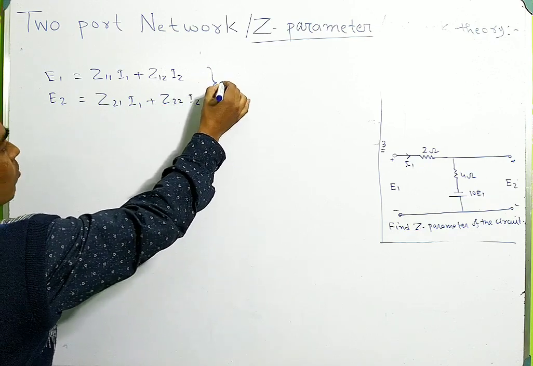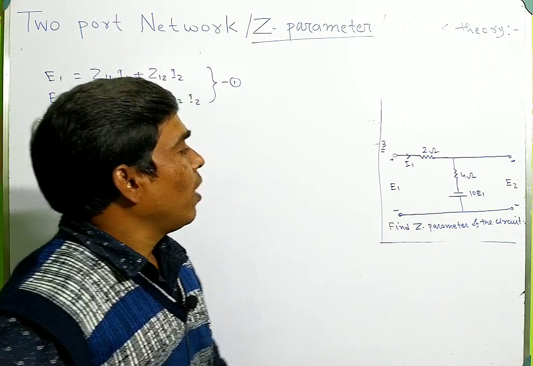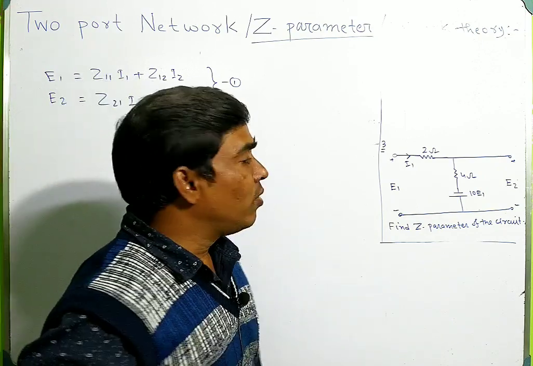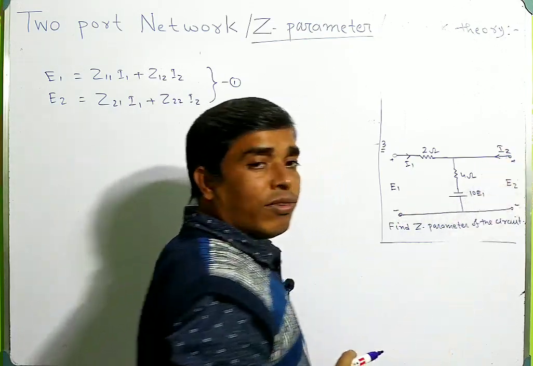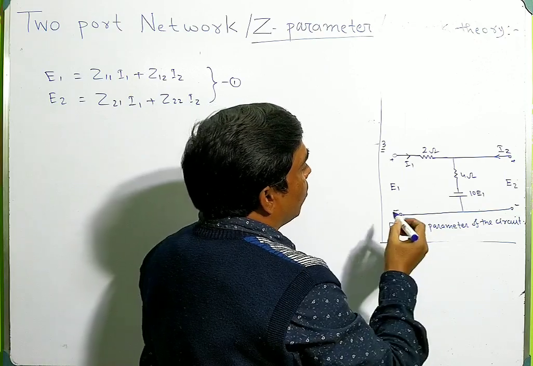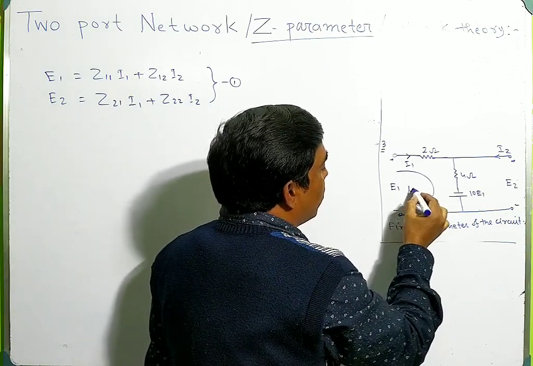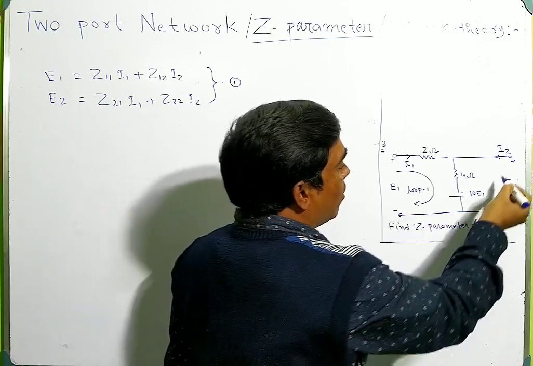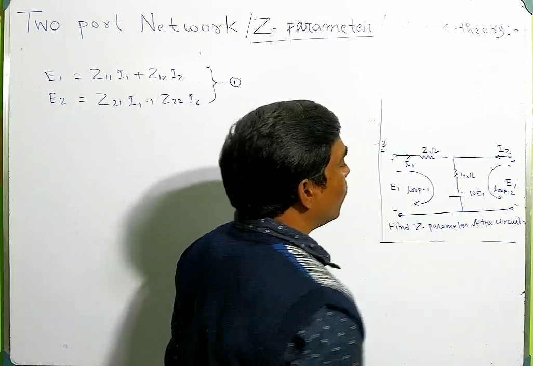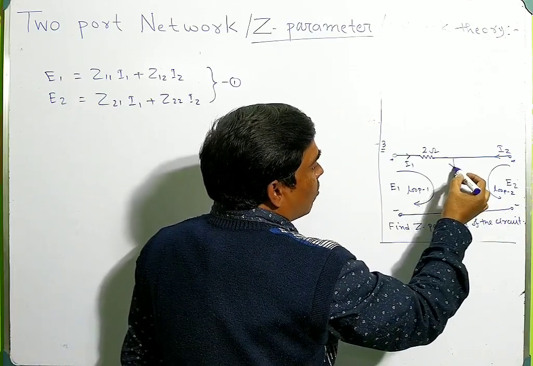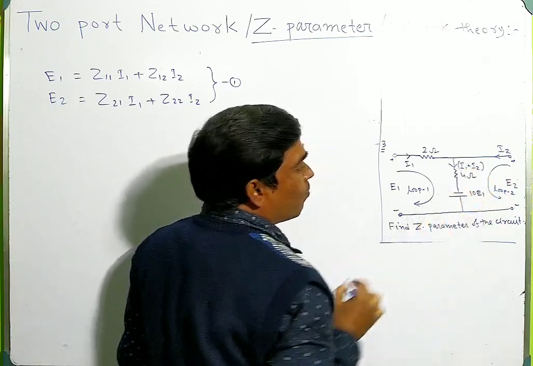This is the pair of equations for Z parameters. Now this is I1 and this is I2, suppose. This is loop 1 and this is loop 2. So current through this branch is I1 plus I2.